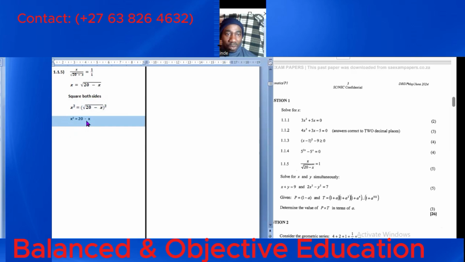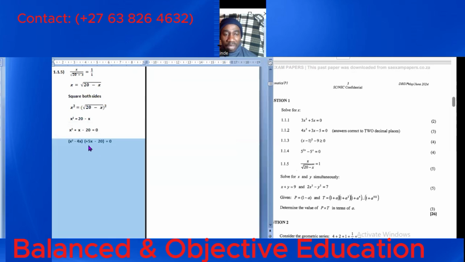Now, all you need to do is to transfer the content on the right-hand side all to the left-hand side. And that gives x squared. By the time this negative x gets here, it becomes positive x. By the time positive 20 gets here, it becomes negative 20, and you set everything to 0.